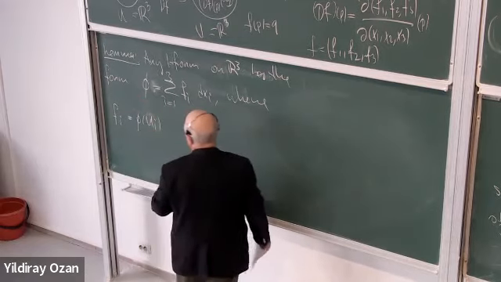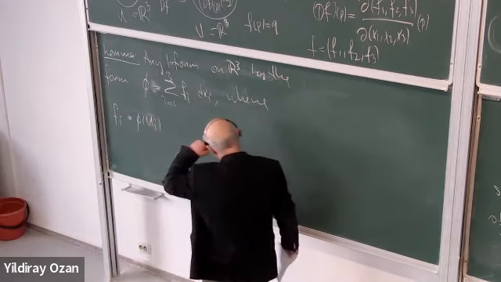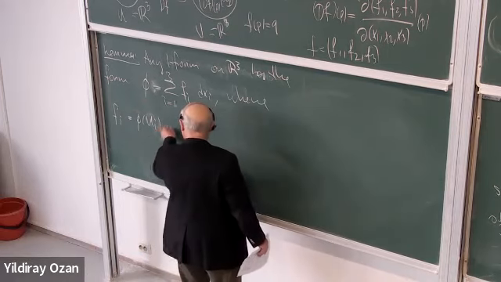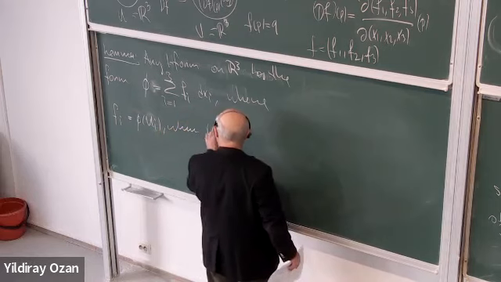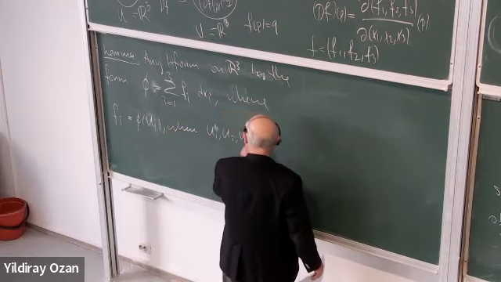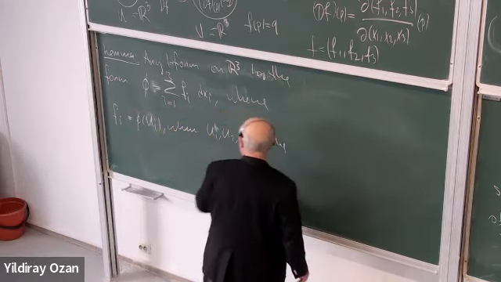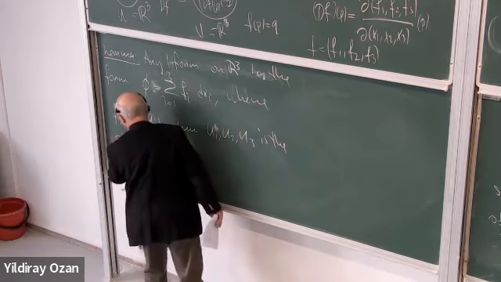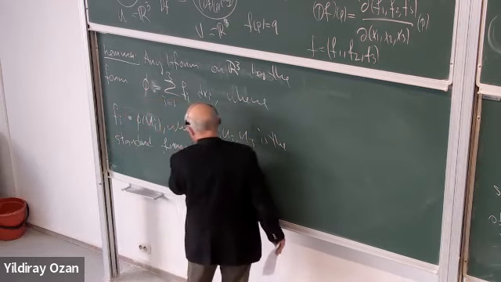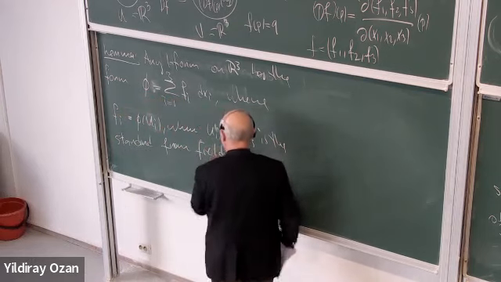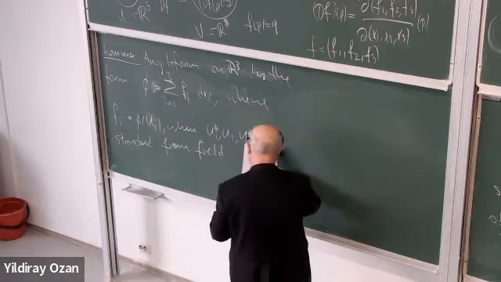Ui was the frame field, okay? Where U1, U2, U3 is the standard frame field on R3.